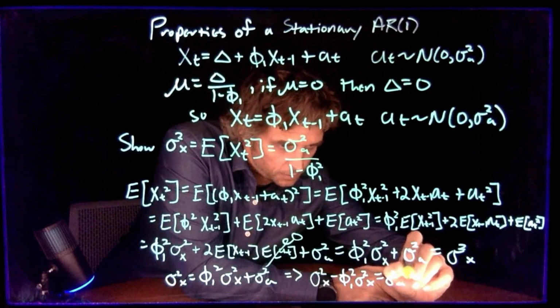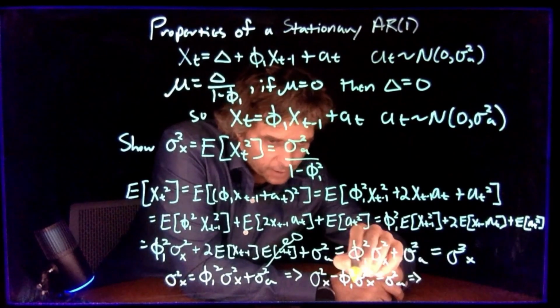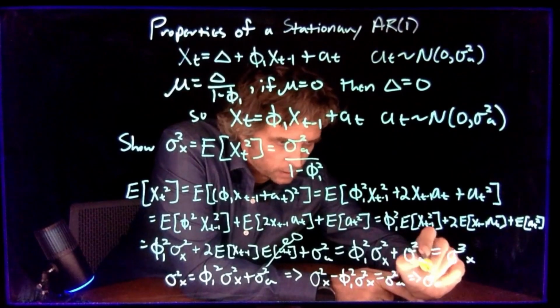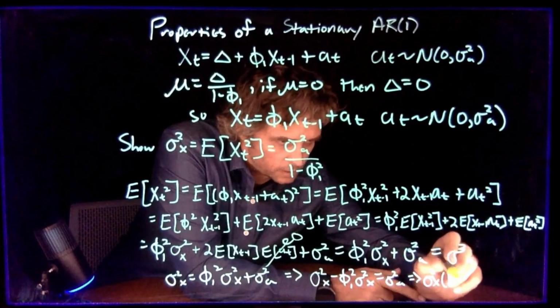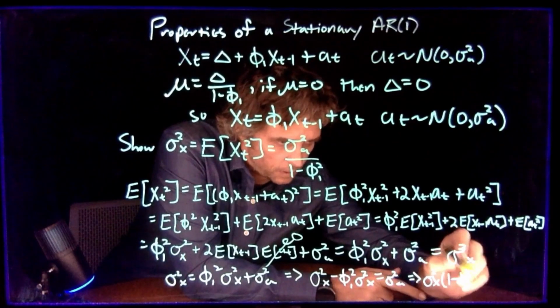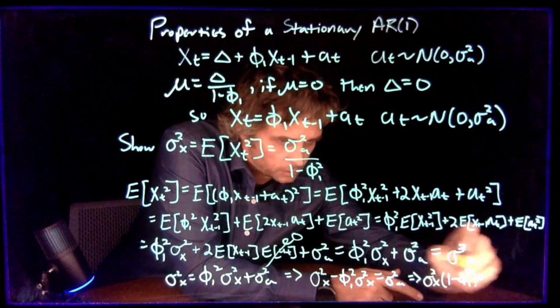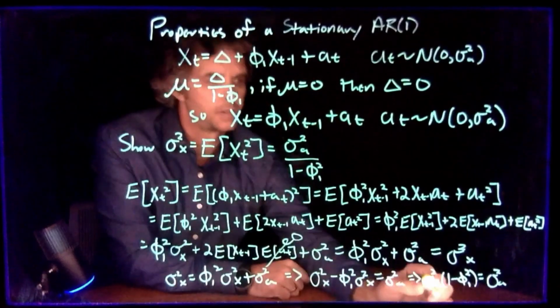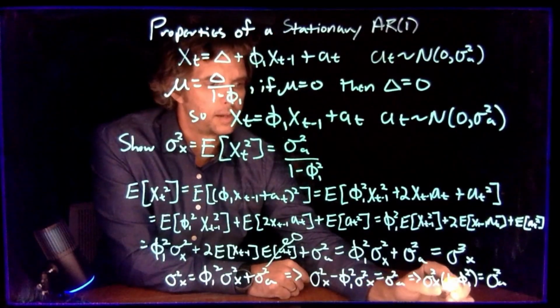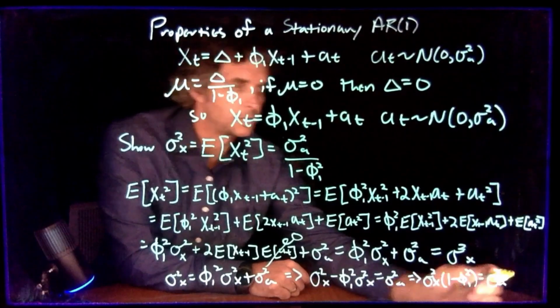That's going to imply, if I factor out a sigma squared x, sigma squared x times 1 minus phi1 squared equals sigma squared a.